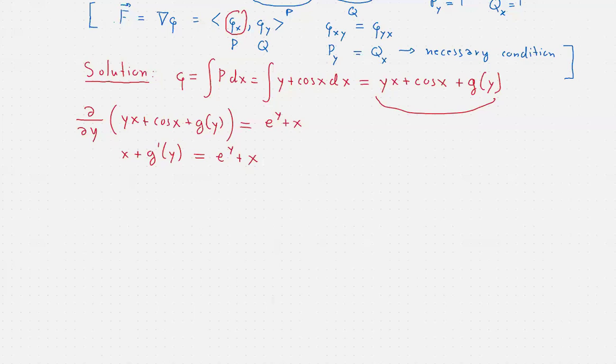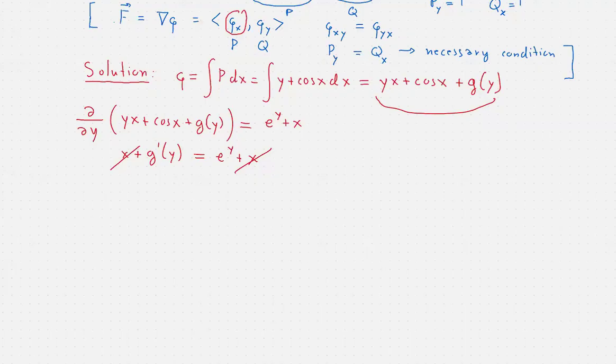If the x's do not disappear, then you will have a real problem finding the function g as a function of just y. Because one would argue, okay, so what would stop this process from being applied to every vector field, not just the conservative ones? And the answer is exactly this point. If you didn't have a conservative vector field, you wouldn't have been able to find a dependence of g prime of y just upon y.